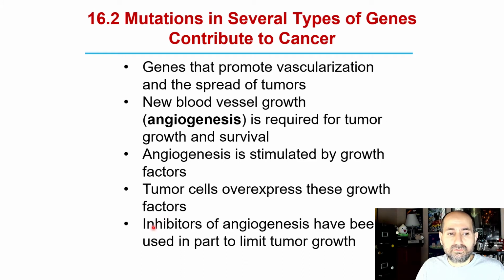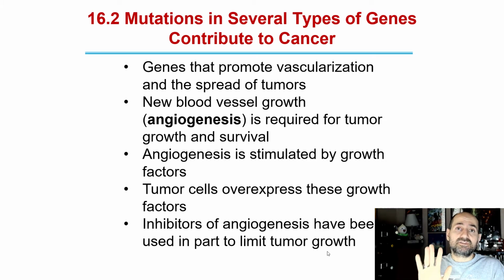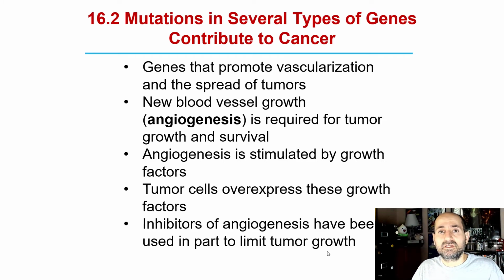And so one area of study is producing inhibitors of angiogenesis to assist with limiting tumor growth. Imagine if you give someone a medication that blocks angiogenesis. It prevents new blood vessel growth. Well, that's one way of preventing that patient's tumors from getting bigger, right?